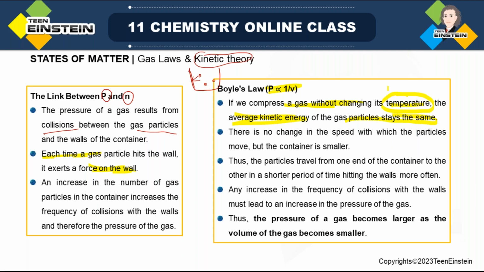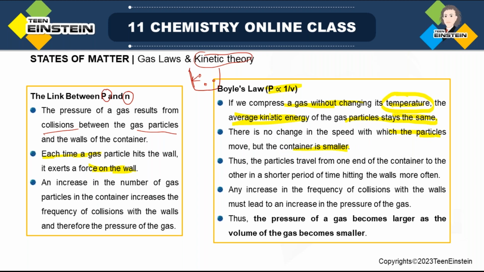Why kinetic energy is related only to temperature, we will also see in today's class. Right now just see that when you fix temperature, average kinetic energy is also fixed. Now you are compressing the gas. So what will happen? There is no change in the speed with which particles move. But now the container is smaller because we are compressing it.